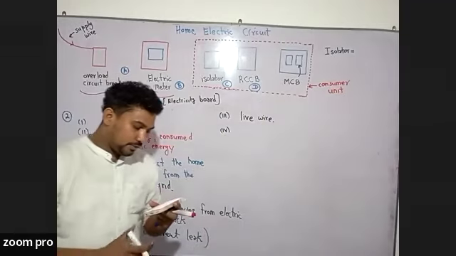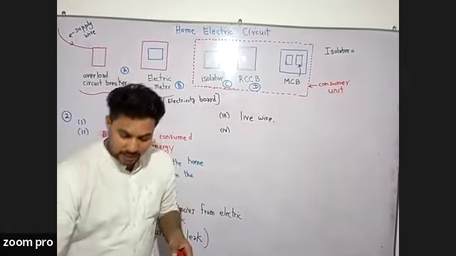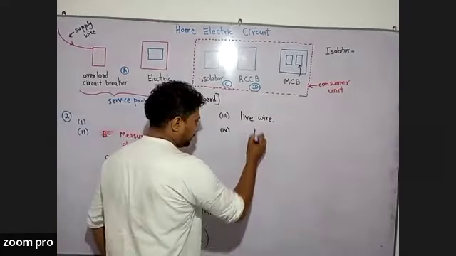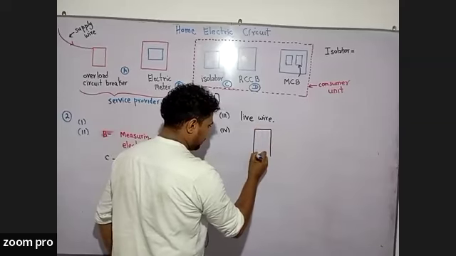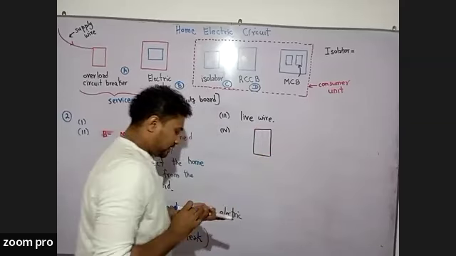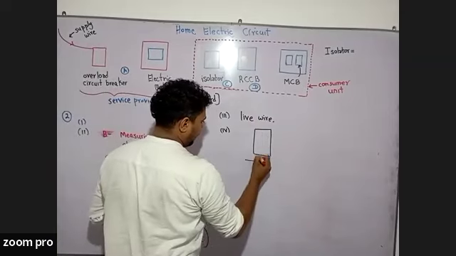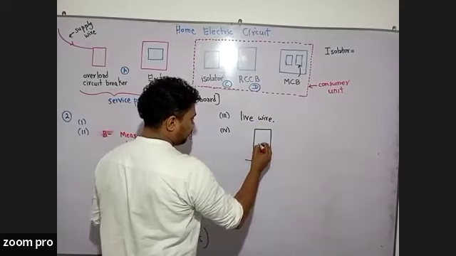write two special properties of the metal used in the fuses. Now normally in a fuse, let's assume that this is the current flow.